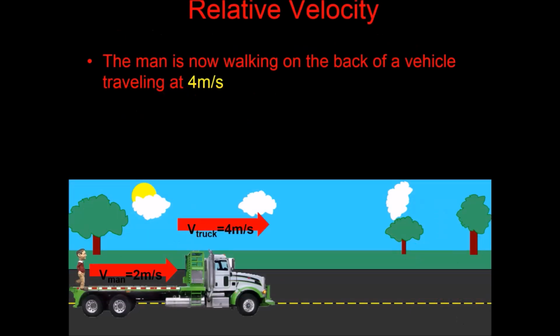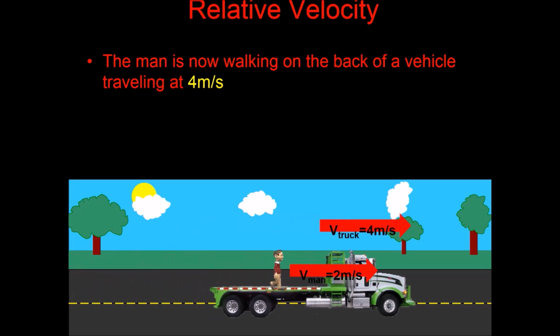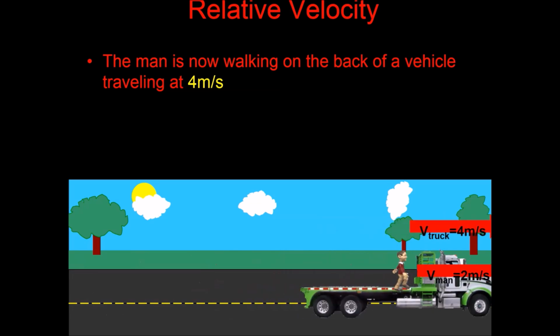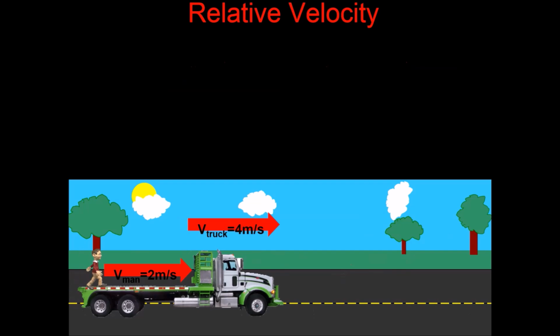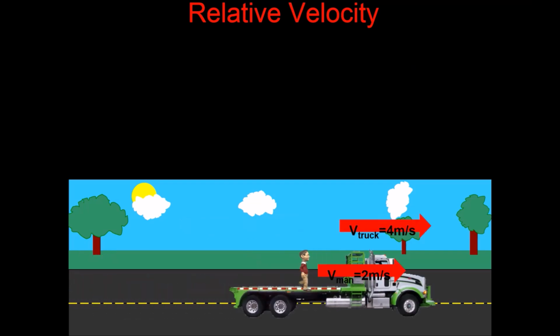Now he's walking at 2 meters per second still, as per our previous case, but he's standing on the back of a truck bed, moving at 4 meters per second, a decidedly unsafe maneuver. Now what does this mean for us standing on the roadside watching him? Again, truck moves 4 meters per second, he moves at 2.